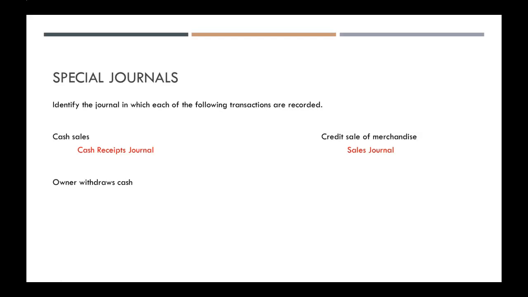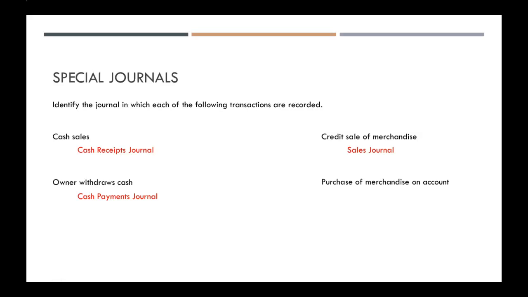We are not the owner. So the owner is getting money, right? They're withdrawing cash from the business. They're getting that cash. But from the business perspective, the business is losing cash. They are paying out that cash to the owner. So this falls under the cash payments journal.